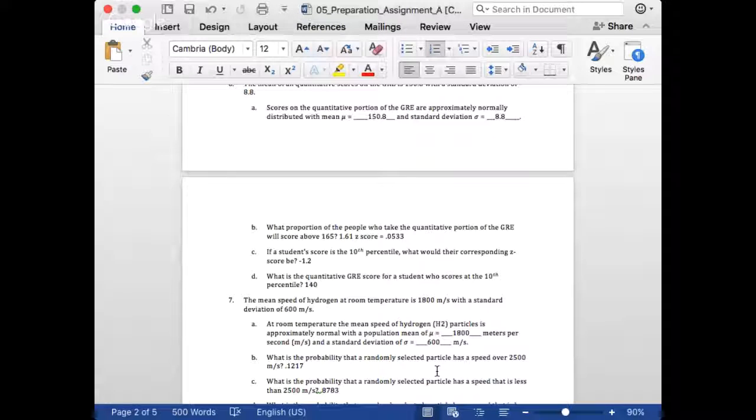So for this, you do sort of like we did the other ones. Your x is 2,500, and then you have your mean and your standard deviation. You put that in, and that will give you the z-score. And was there a probability-to-z-score step, or did you have to put that into the area?